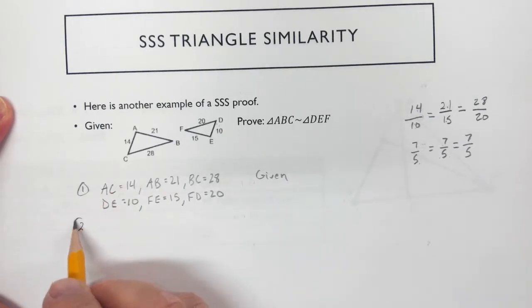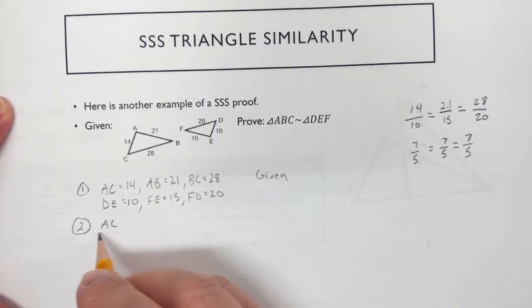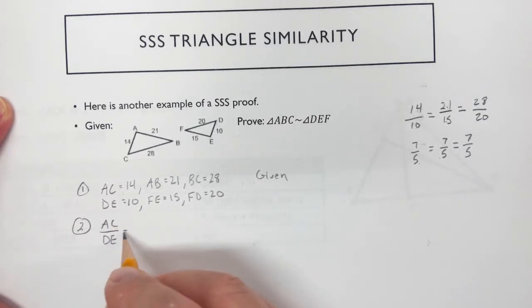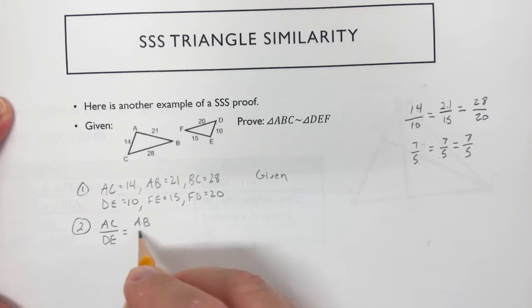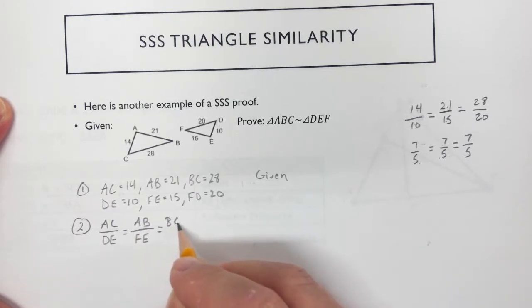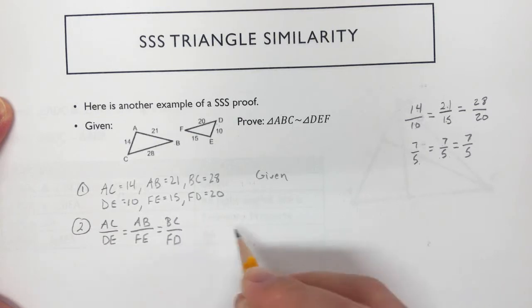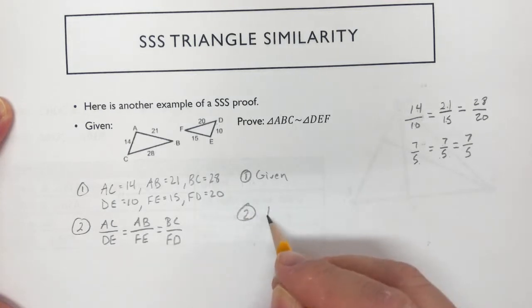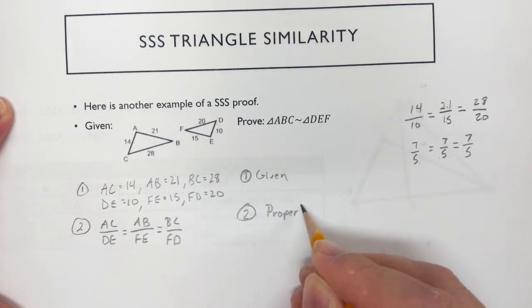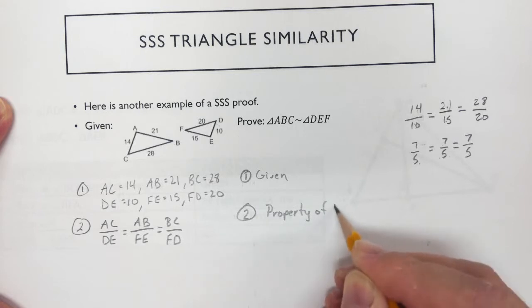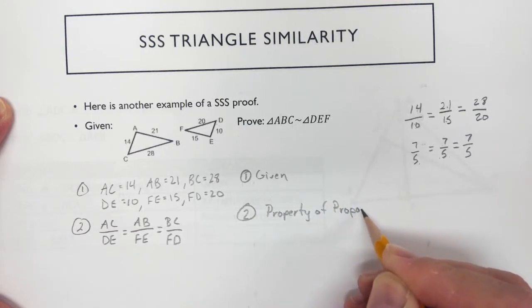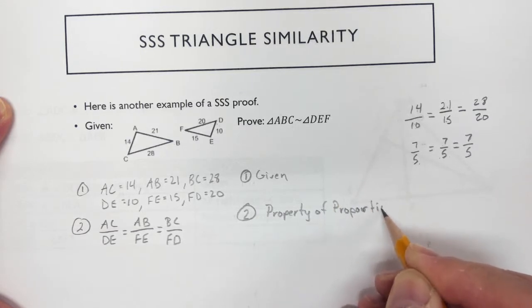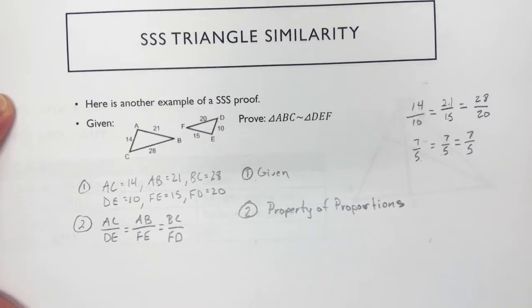So then we can say in part 2 that AC over DE is equal to AB over FE is equal to BC over FD. It's a property of proportionality, property of proportions, however you want to word it.